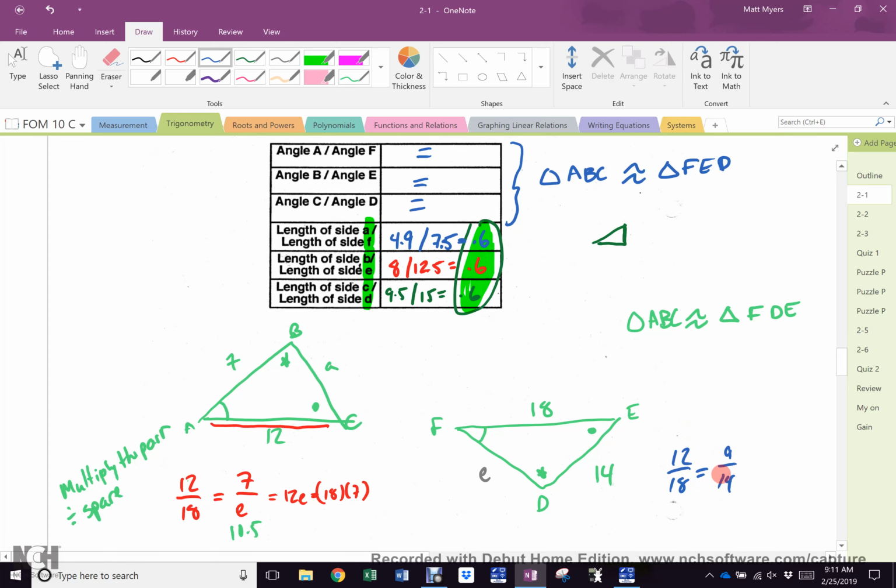And then what would be my calculation there? It would be 14 times 12 divided by 18 to give me an answer of what? 9.3. Yep, 9.333. 9 and a third.